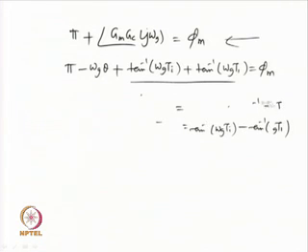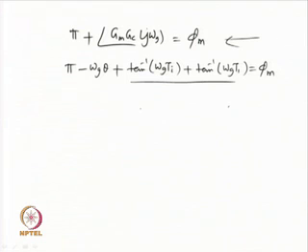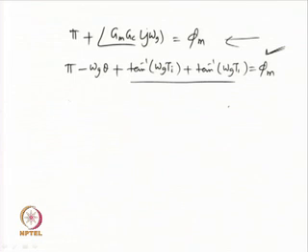Now, we will simplify this expression, but before going to the simplification, let us attempt to find the optimum value of the phase margin. Is it possible to find an optimum value for the phase margin for the loop? Yes. To find the optimum value, write the expression for phi m.